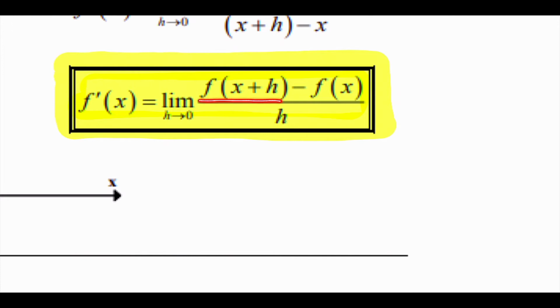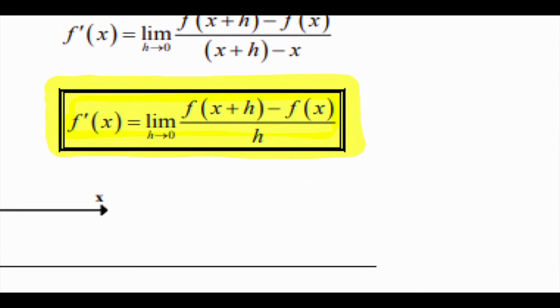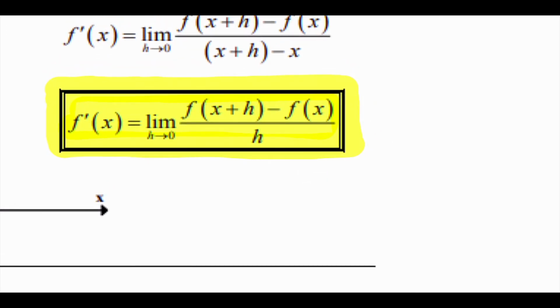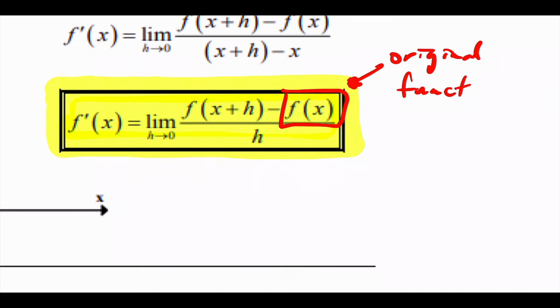The second part is this part right here. f of x plus h, minus f of x. That's probably the easiest part. f of x is just the original function. So whatever the original function is, that's what goes there.